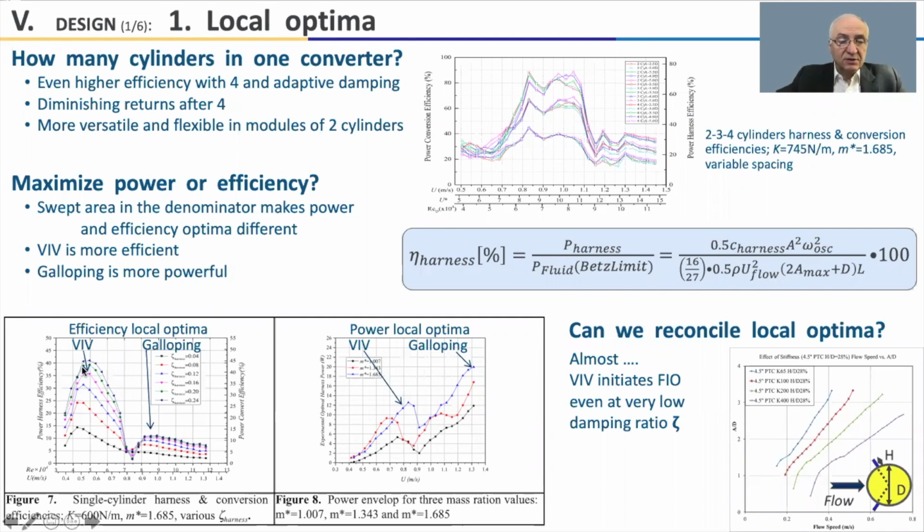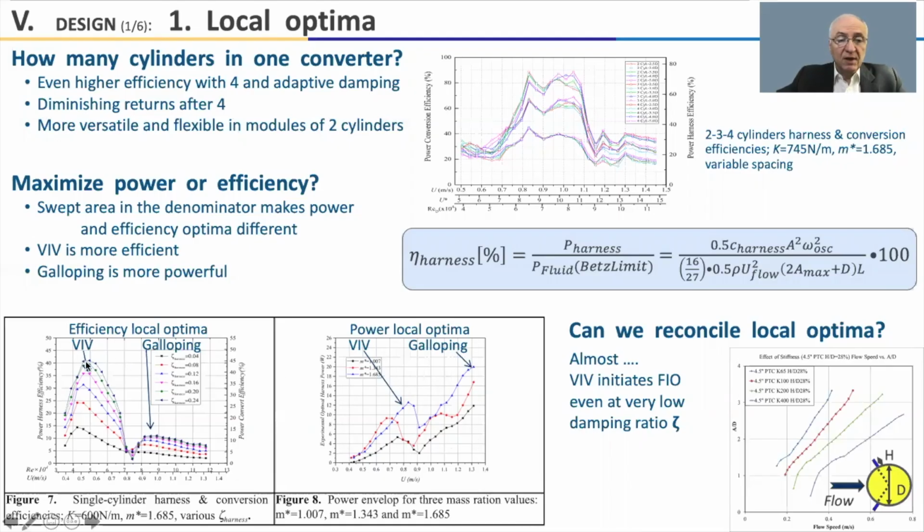As a result, you see here in the efficiency graph, we have 2 local optima, one for VIV and one for galloping. And in the power envelopes or the power response, we have 1 local optimum for power in VIV and 1 in galloping.